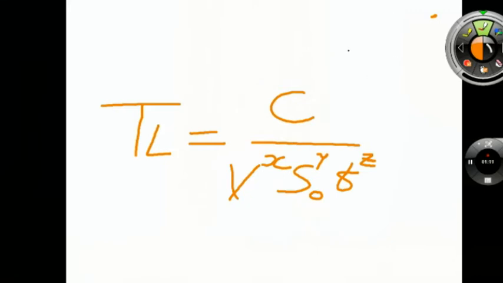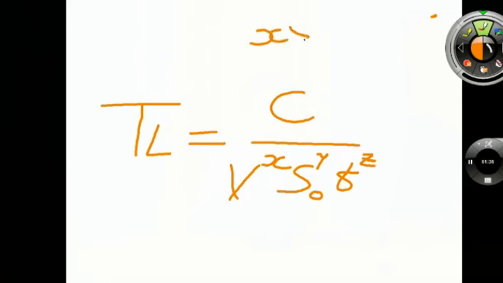So here the effect of cutting speed is quite more as compared to feed and depth of cut. So x, y and z are the weightage components. Generally the value of x is larger as compared to y and z.